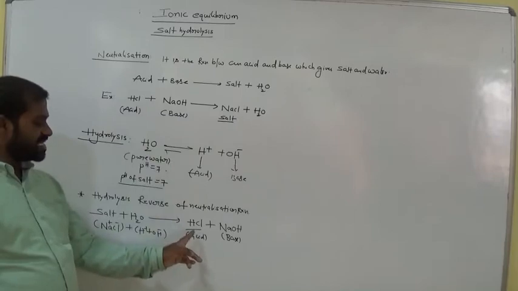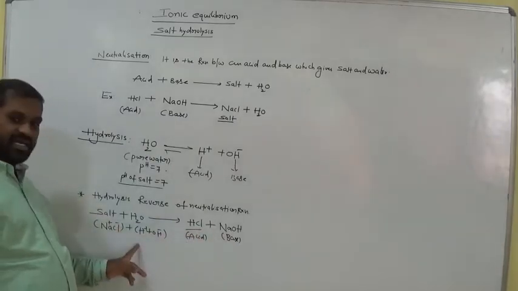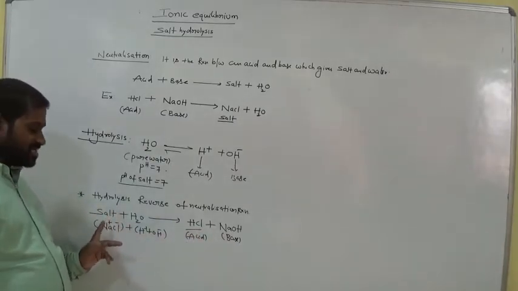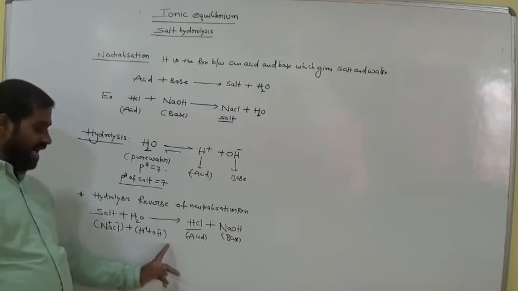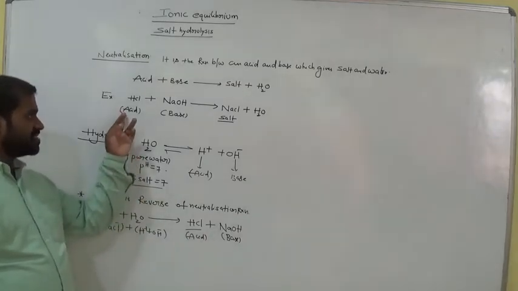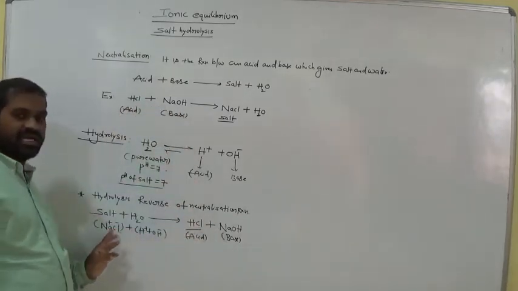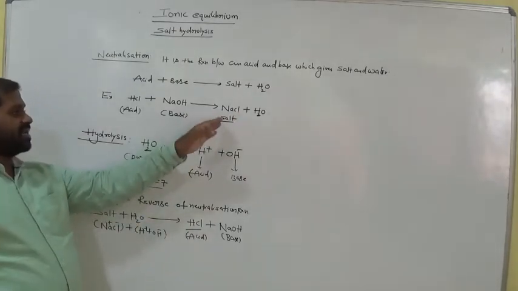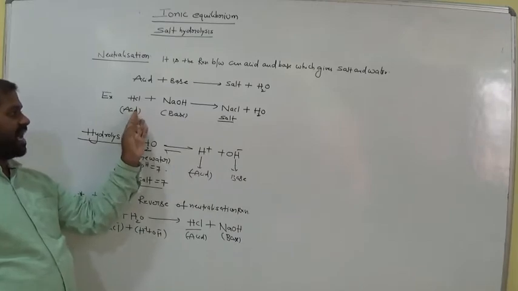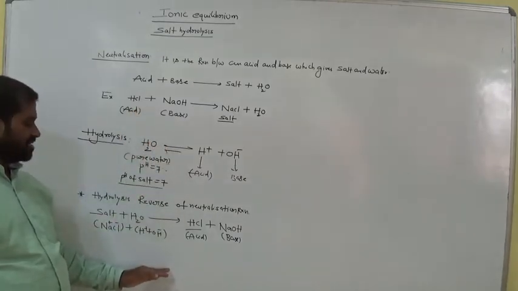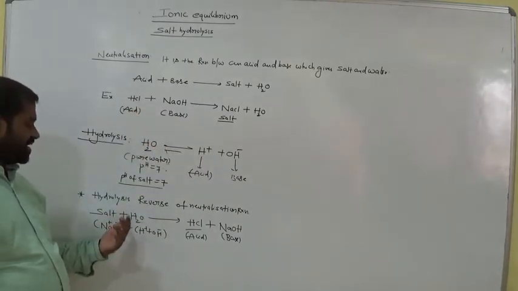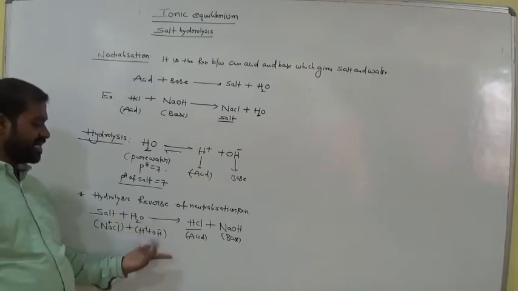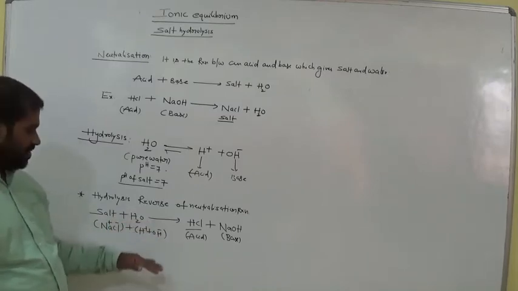In neutralization reaction, acid and base give salt and water, but in salt hydrolysis it gives acid and base. In this first case, acid and base give salt and water, but in this case, salt and water undergo reaction, again giving acid and base, clear? So hydrolysis of salt is the reverse of neutralization, everyone?